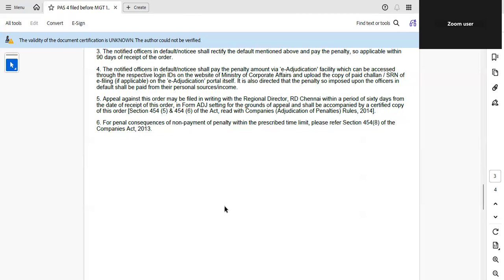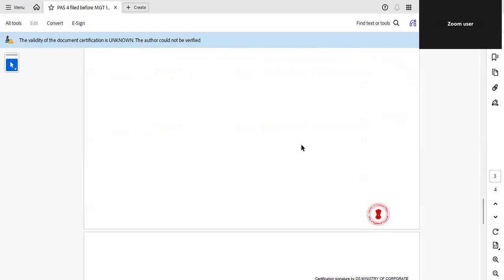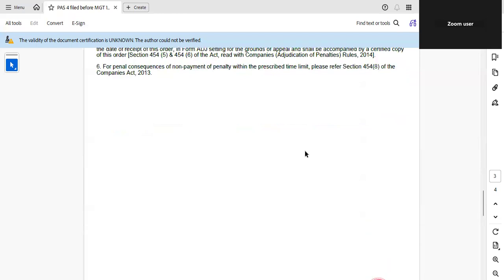Private placement involves multiple forms and multiple filings: these are PAS 4, PAS 5, PAS 3, MGT 14. Any delay or wrong sequence can attract penalties, and professional certification is important. Even private startups must comply with the Companies Act, private placement rules, and ROC filing requirements. Non-compliance may impact future funding rounds and investor confidence.